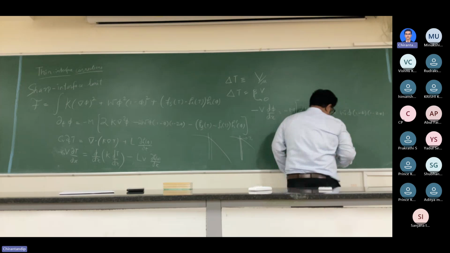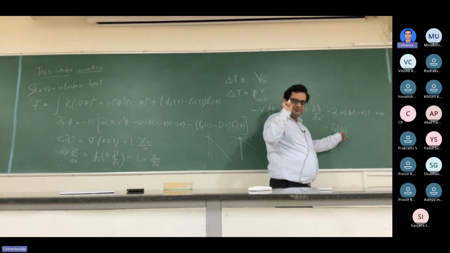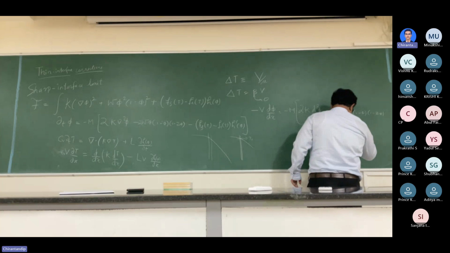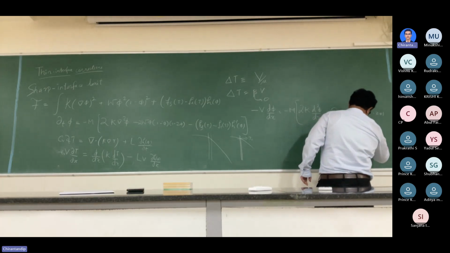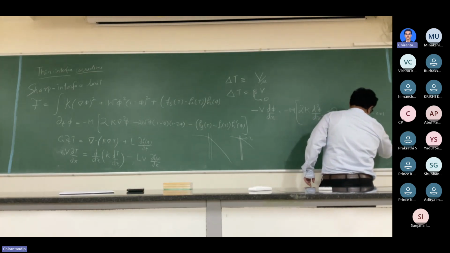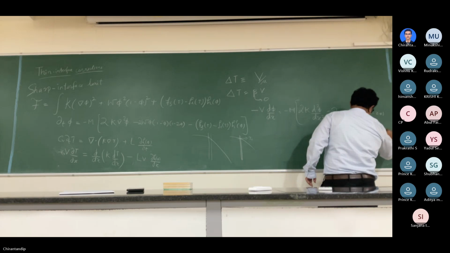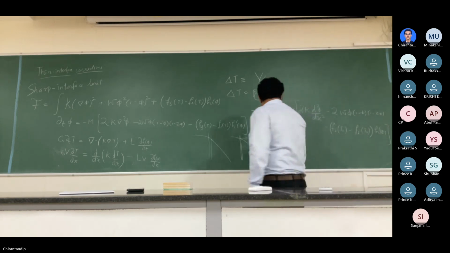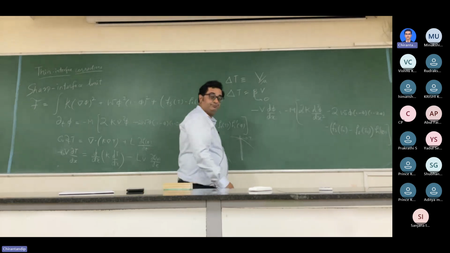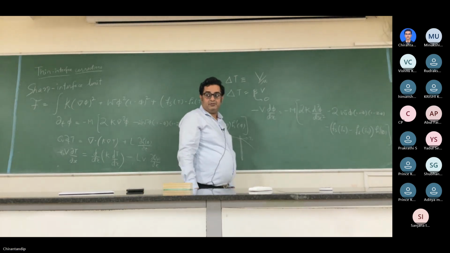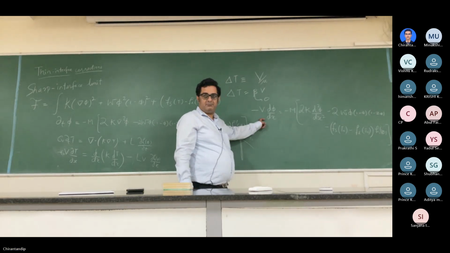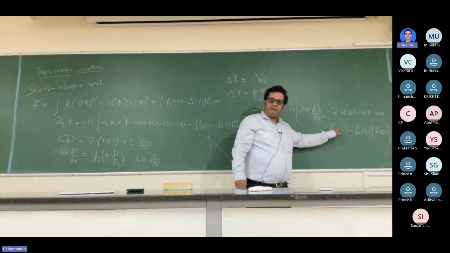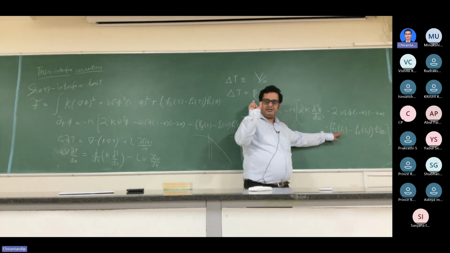I'm going to write this as Fs of T naught, which is the interface temperature in the sharp interface limit. Okay, this is my steady state equation, moving at a velocity v. This is some temperature T naught, which is the interface temperature in the sharp interface.